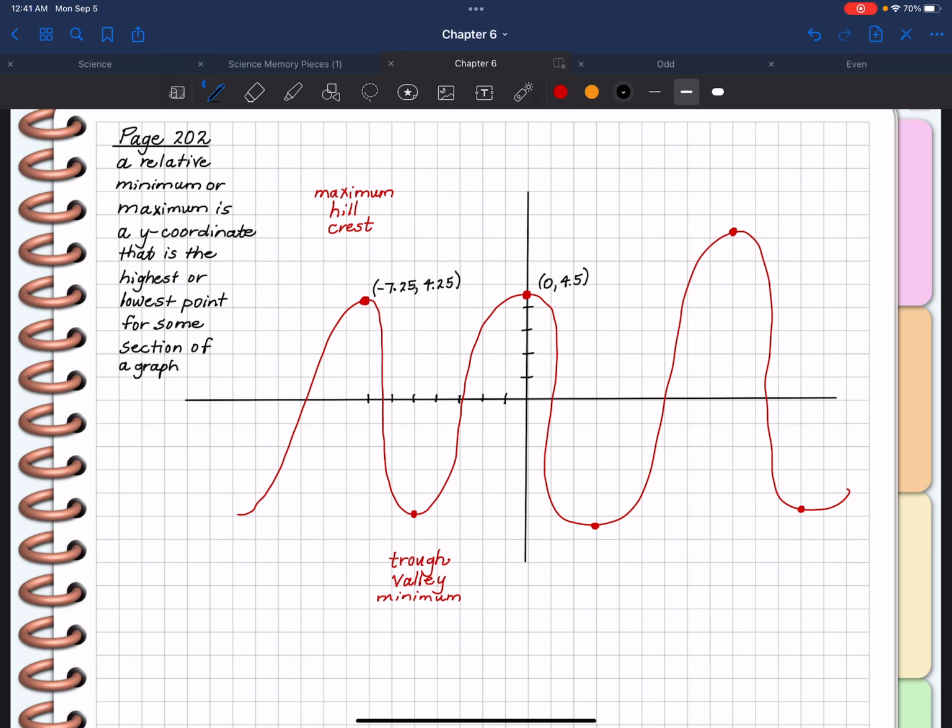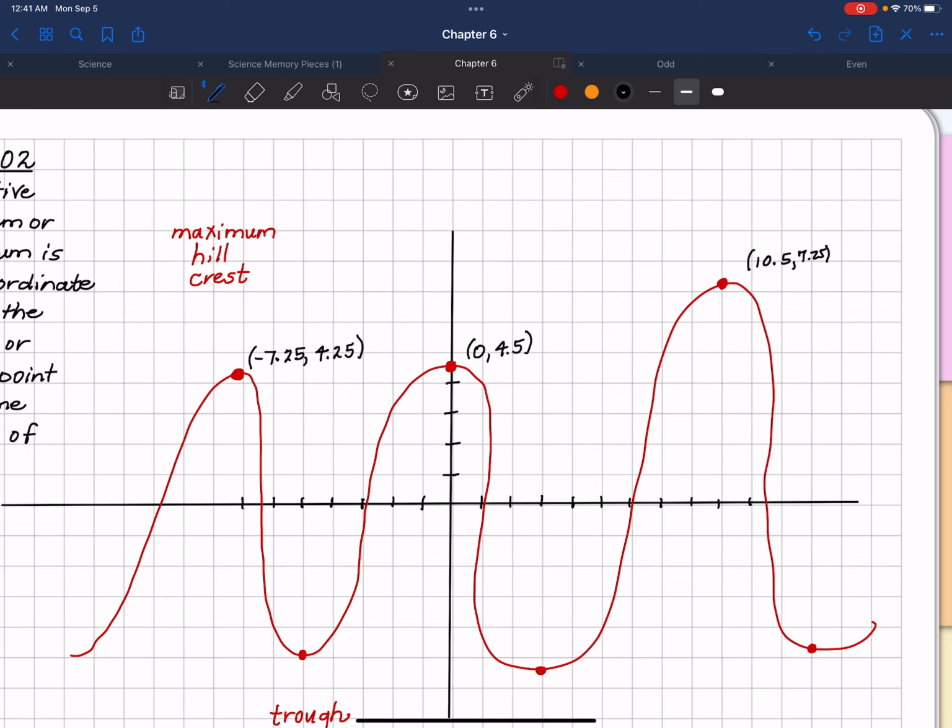And then this one is over 1, 2, 3, 4, 5, 6, 7, 8, 9, 10 1/2. And up to 1, 2, 3, 4, 5, 6, 7 1/4. Okay, so the maximums are going to be these values.